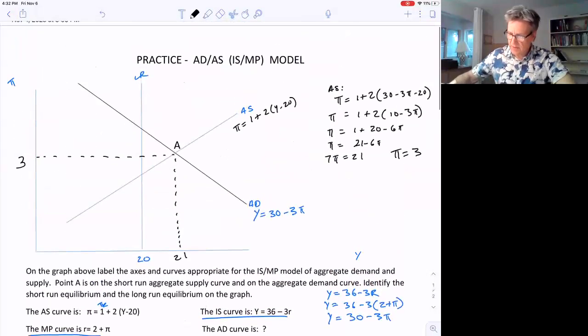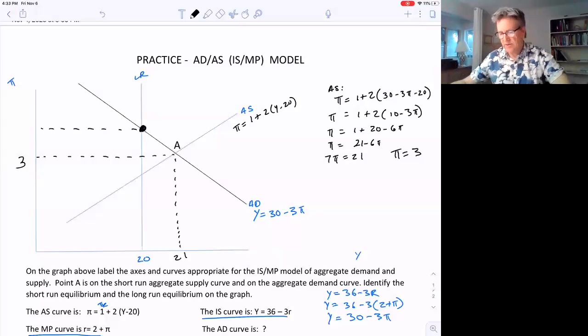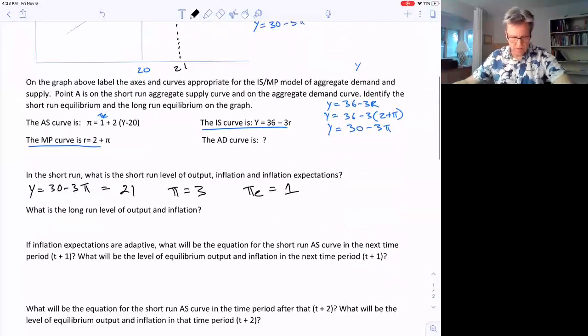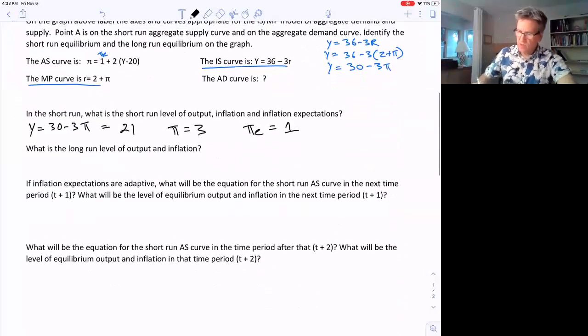Well, that's going to be right here, the intersection of the long run aggregate supply curve and the aggregate demand curve. You can see from the graph inflation is going to be more than 3. And output is going to be equal to 20. So the long run level of output is at potential, which is 20.